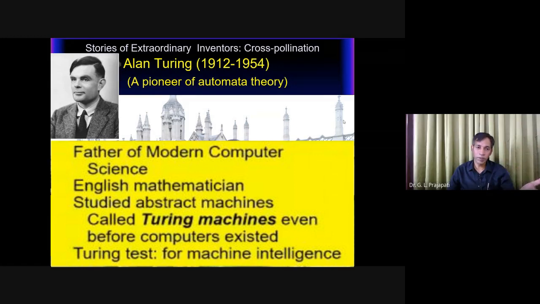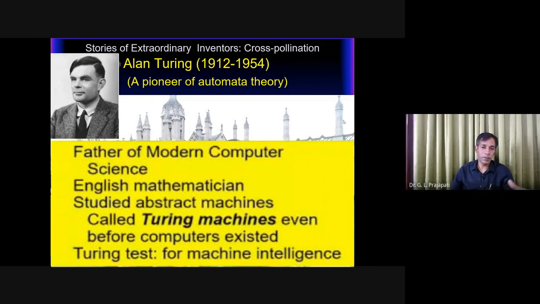During the Second World War, he gave the coding system for decoding the text, and during that time he saved millions of lives. Later on, he conducted the test which is known as the Turing test for machine intelligence. That Turing test was conducted by Alan Turing, and it was a very simple test.